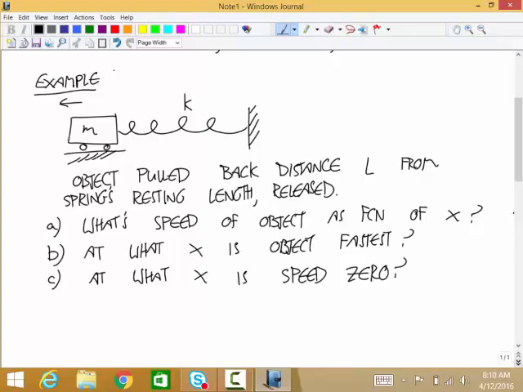Okay? And so we want to figure out a function telling us, you give it an x position, and this function is going to tell you what the speed is. Okay. And we're going to do that by using the work energy principle.